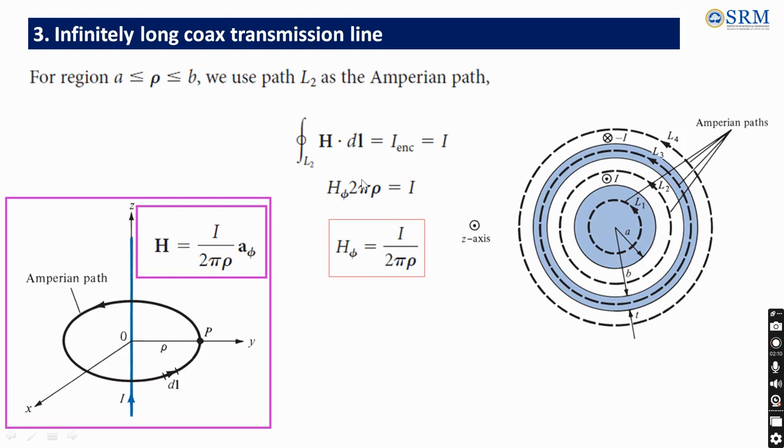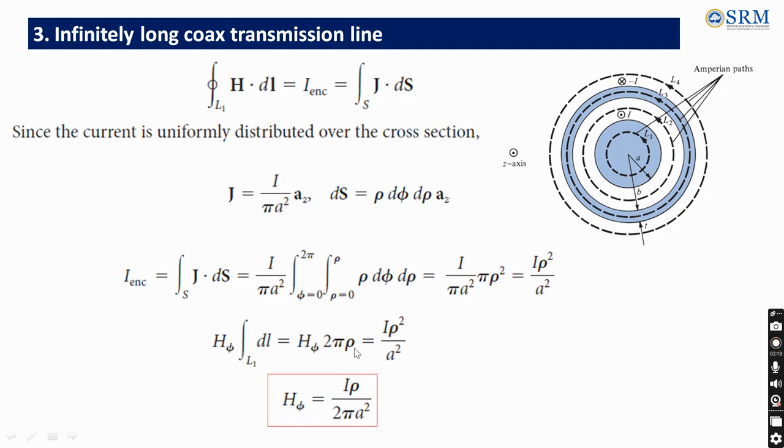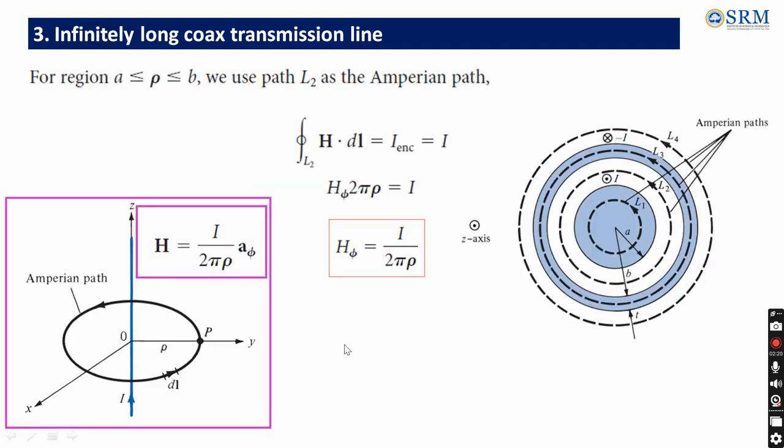The left hand side is similar to the previous: H phi into 2 pi rho. My right hand side is I only, because the inner conductor carries current I. So H phi turns out to be I by 2 pi rho, which is the same as that for the infinite line current that we already saw in the first application.